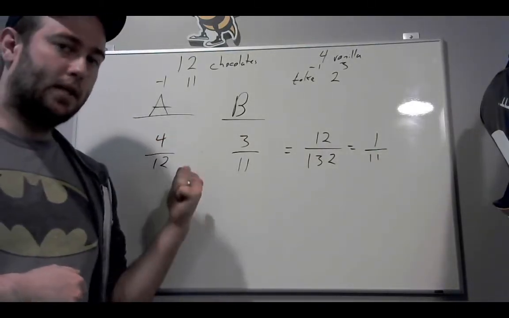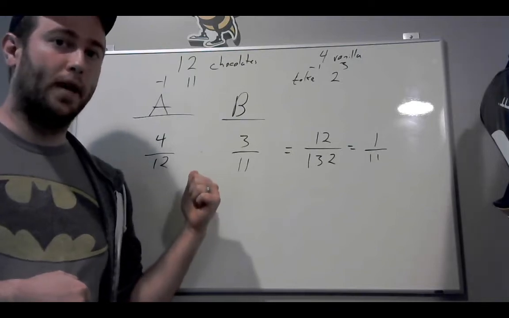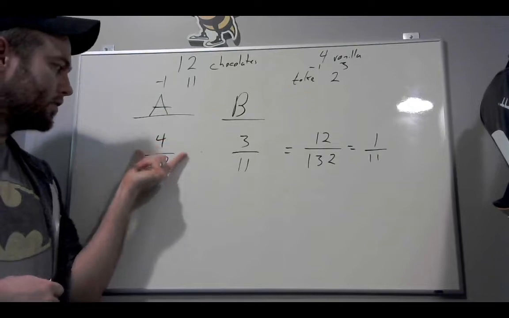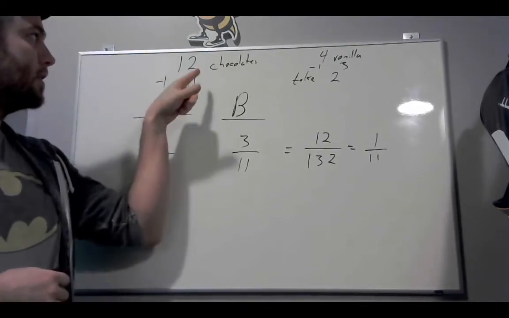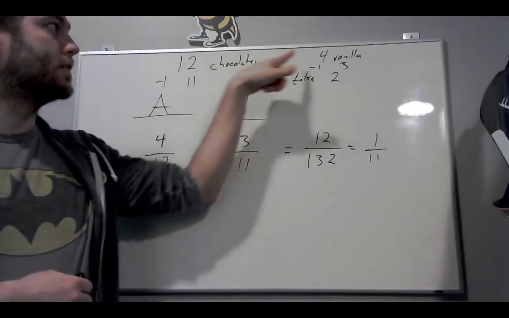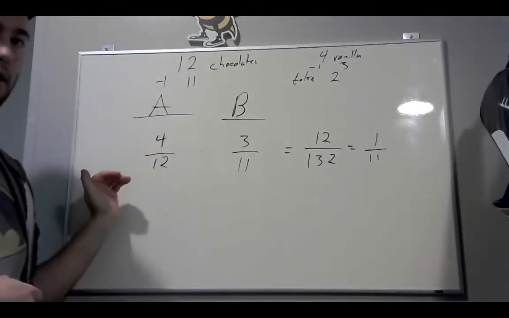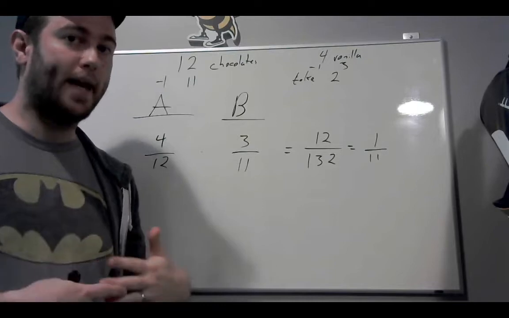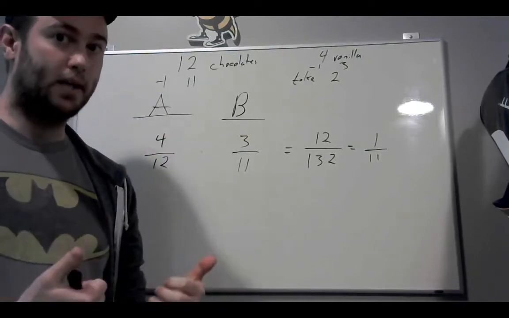This, in my opinion, is a little bit easier to wrap your head around because you're taking it step by step. You're saying, okay, here's the first thing that happened. And that's simply going to be, I have 12 chocolates and I'm trying to pick 4 of them. So 4 out of 12. Then the next one, hey, this event already happened and I already picked the vanilla that I wanted.